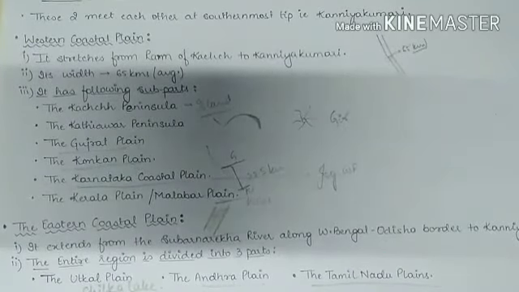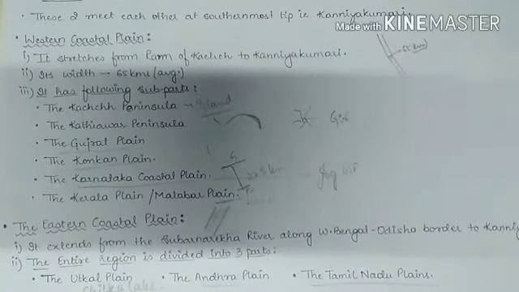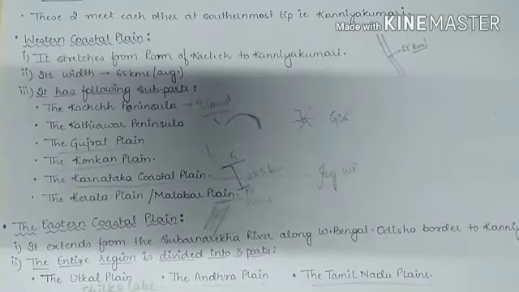And the most significant feature of this plain is the delta formation by the rivers Godavari and Krishna. The fact is that the deltas of these two rivers merge with each other, and it forms a single physiographic unit.